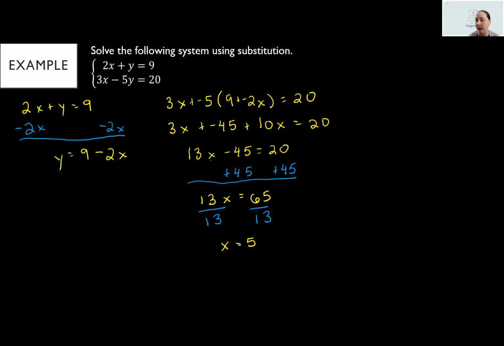And that's what I would recommend you do, is plug it into the one that's solved rather than one of the two originals, because it just makes it easier. You just have to do some arithmetic there, assuming that you solved that original equation correctly. If you solve for y wrong, then this won't work, but you'll find that out when you check your answer.